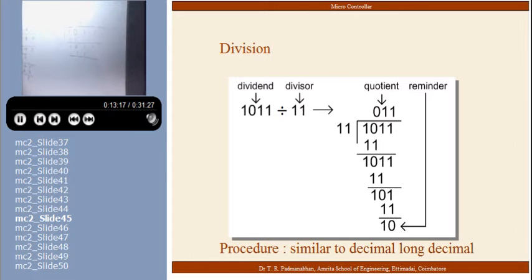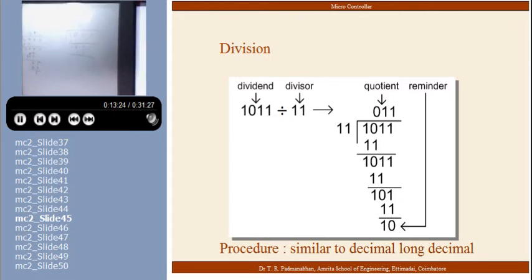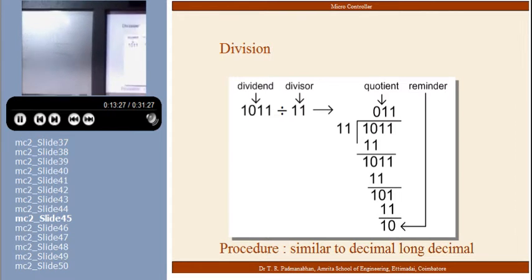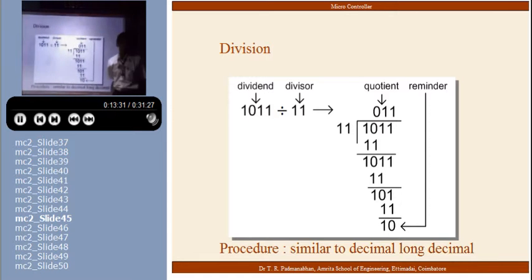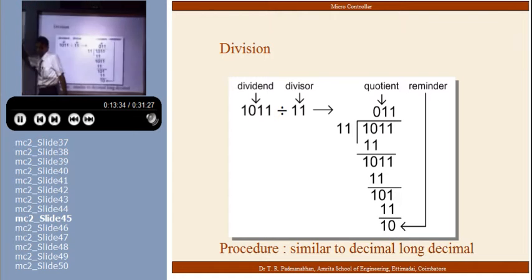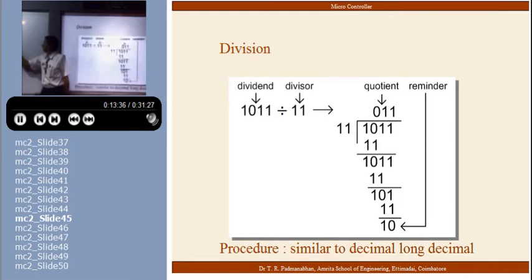Two things. One is the procedure. Second is my algebra. Algebra is okay. Same thing I do here. I take this 11.